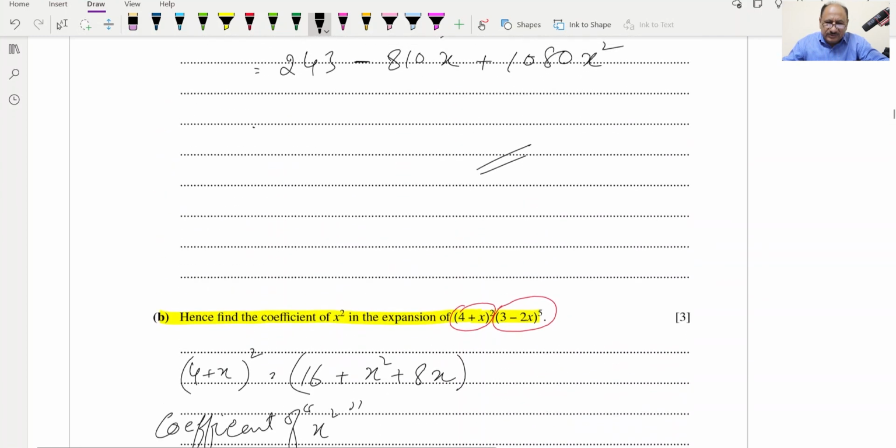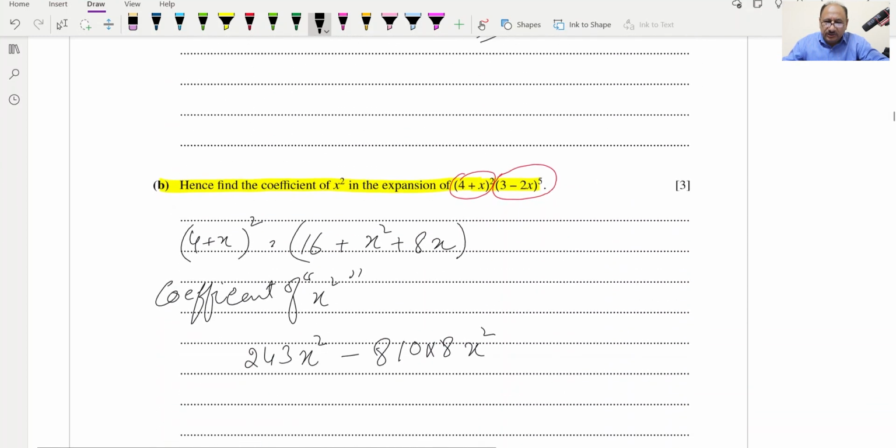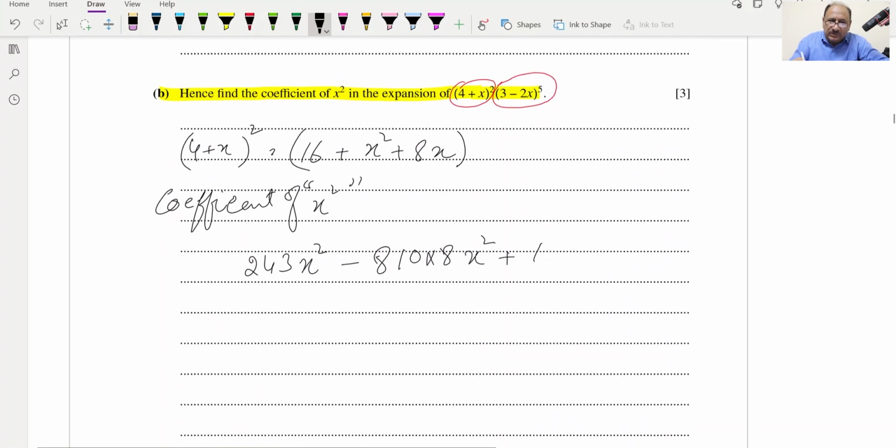And the third will be plus 16 into 1080, and this will also be x squared.